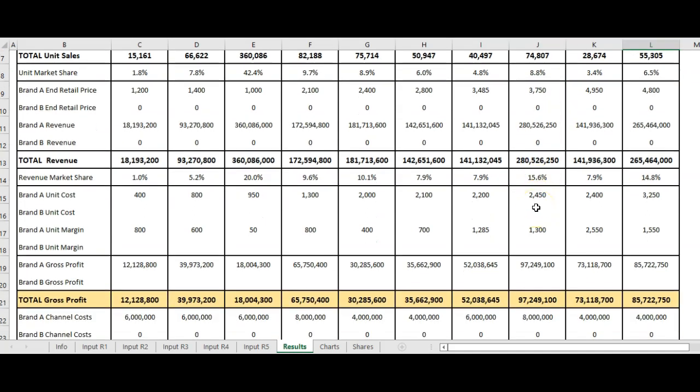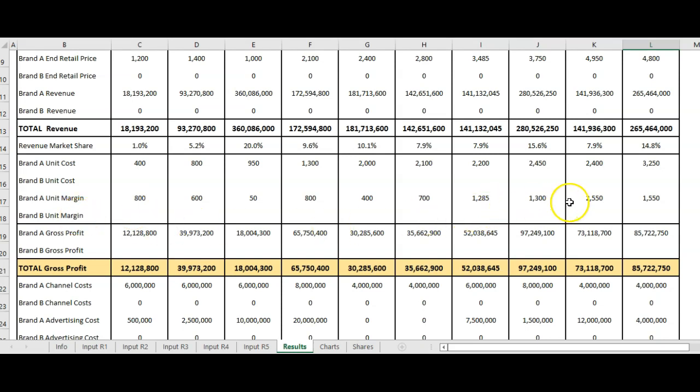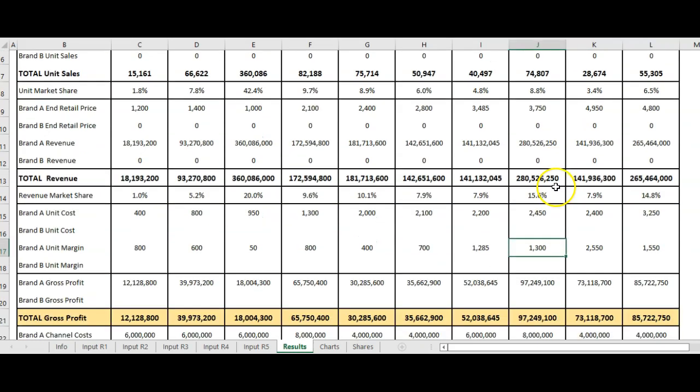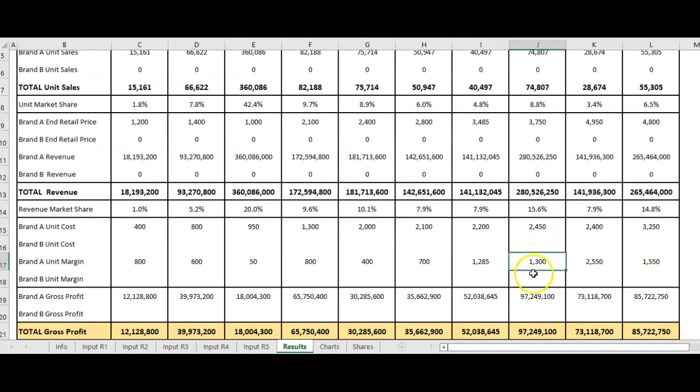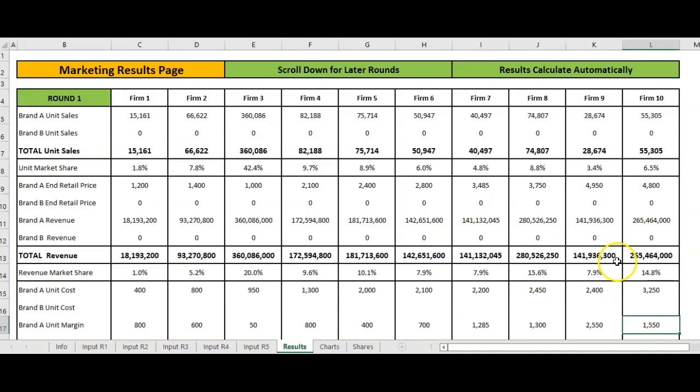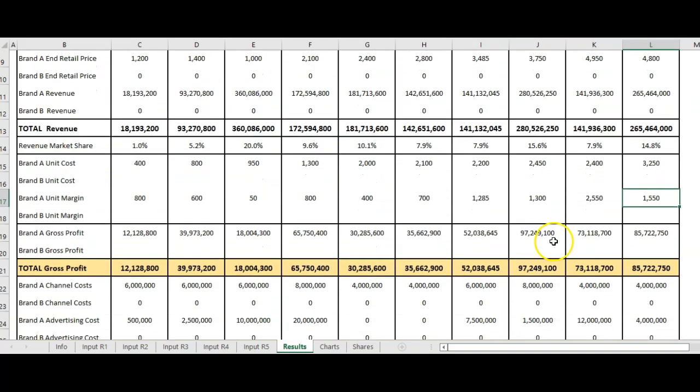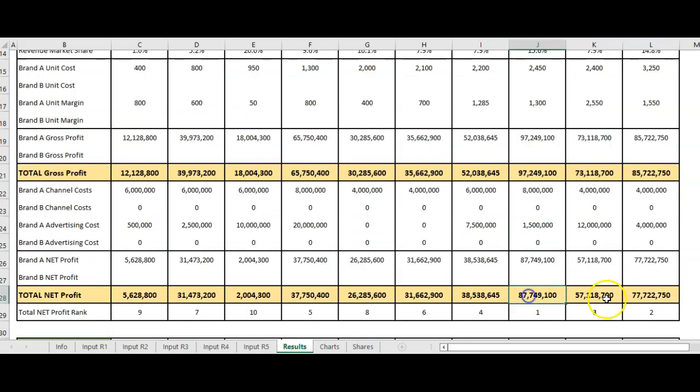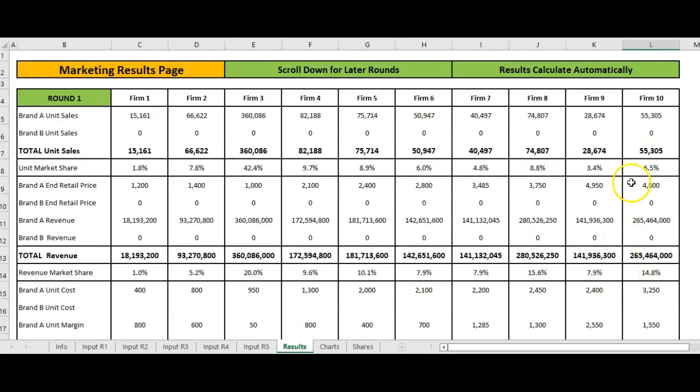But when we come down to the unit margin, firm 8 has a 1,300 margin. Theirs is a little bit higher, which allows them to catch up a little bit, and we get down to a $10 million differential. But they had a 20,000 sales lead.